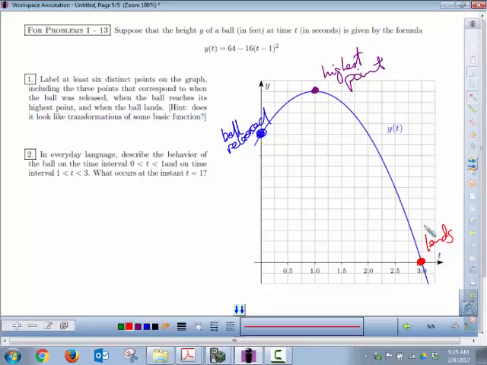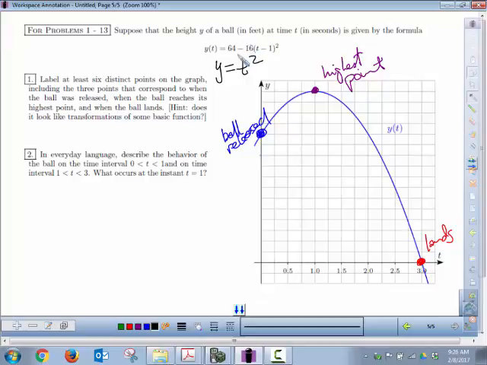Does it look like a transformation of some basic function? What's the basic function? X squared. I'll use t. So t squared, the t minus 1 probably means it got shifted over by 1 unit to the left or to the right? To the right.